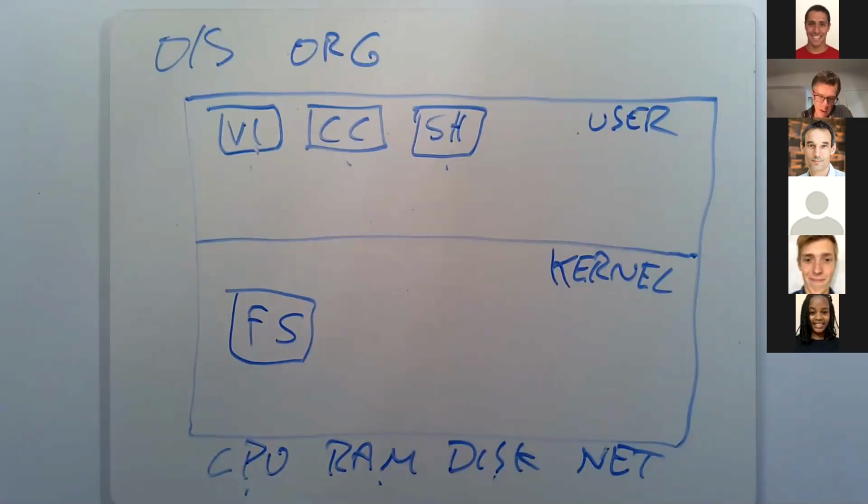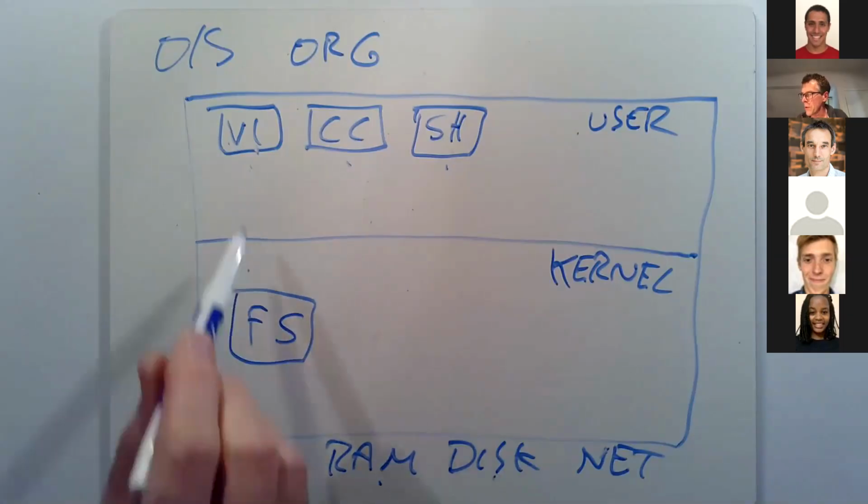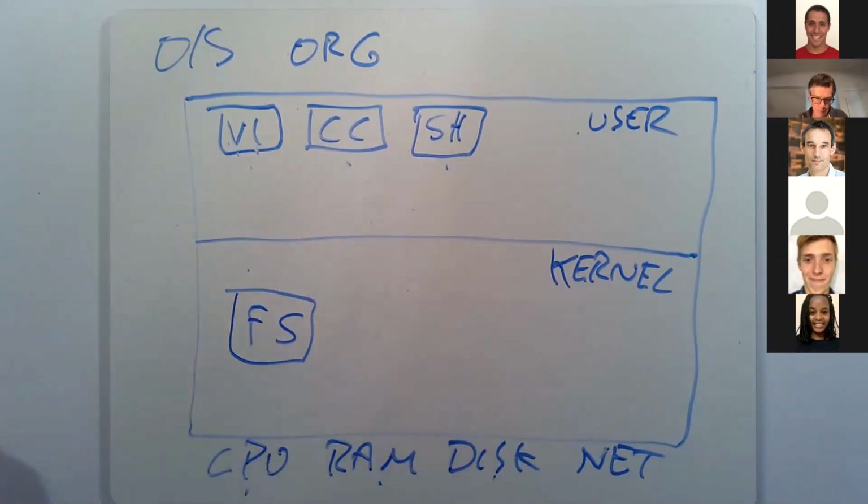And in this course, what we mostly focus on is all the things that have to happen inside the kernel, and on the interfaces between user programs and the kernel, as well as the structure of the software inside the kernel. So we care a lot about these services inside the kernel.